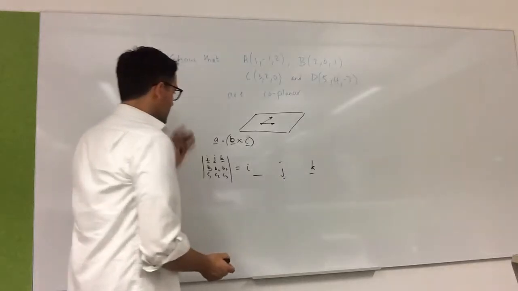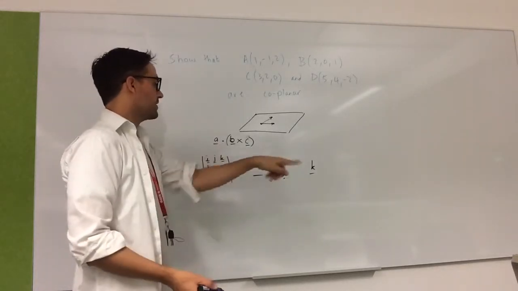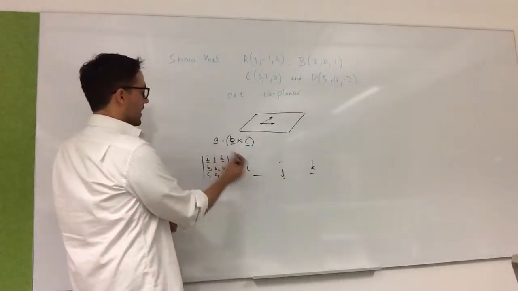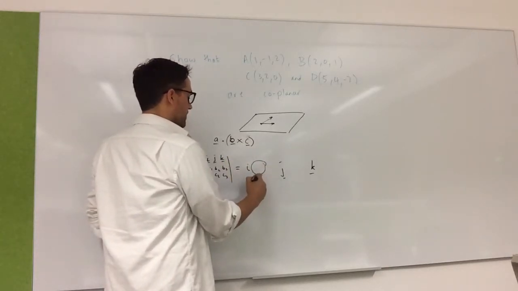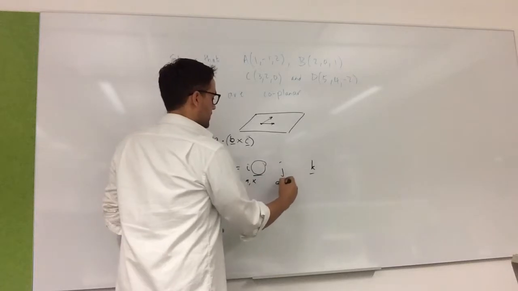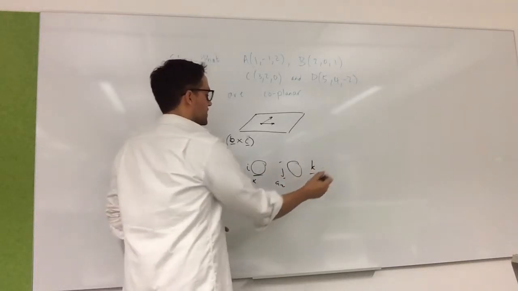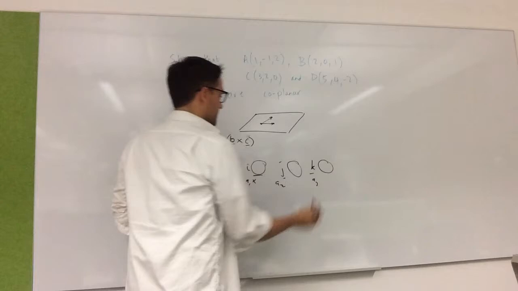So if we're doing the dot product of A and this, it's just going to be A1 times whatever this is with the I, A2 times whatever this is with the J, and A3 times whatever this is with the K.